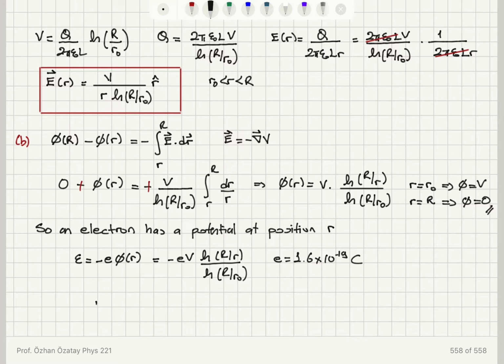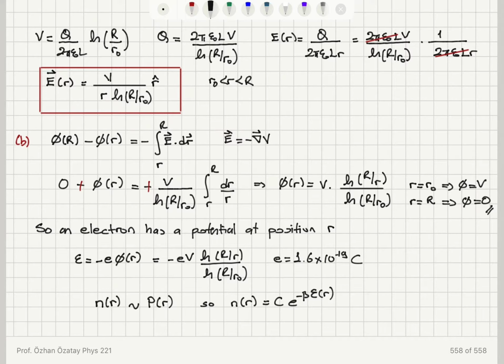Now the density of electrons at position r will be proportional to the probability of having the electrons at this position, because when we find the number of electrons that have a certain energy, we multiply the probability with the total number. So basically the density is proportional to the probability. So we can write the following: the density of electrons will be a constant times e to the minus beta epsilon as a function of r.